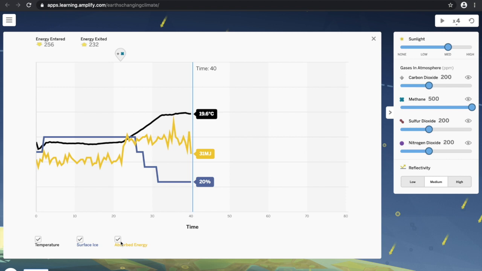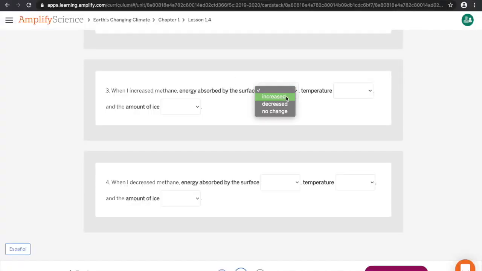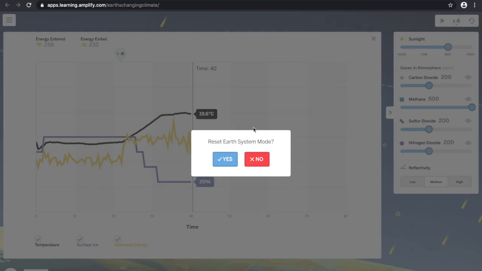And we see that when we increased methane, we increased absorption, which increased heat. So there was an increase, and less ice.